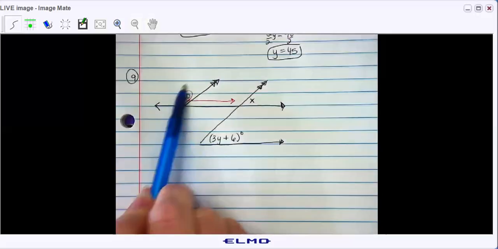If you're not sure, it is a corresponding angle. I can pick up this whole line right here and put it over here, and that 120 would sit right there. It's a little more difficult to see, but is it okay now?